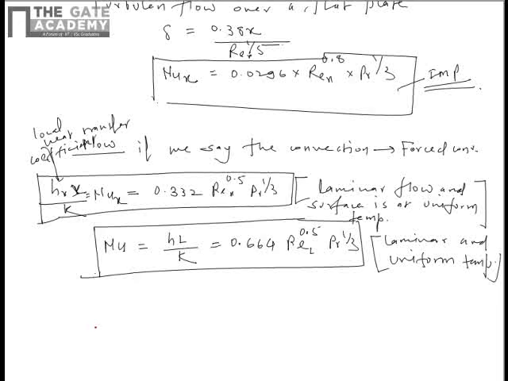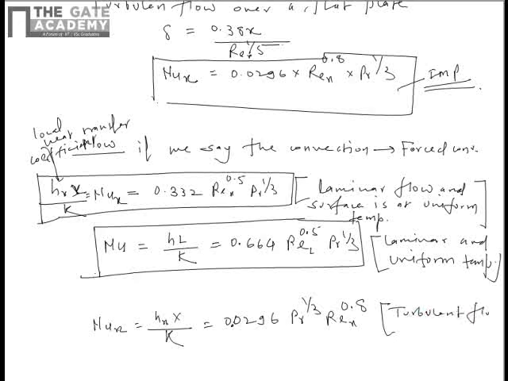Now, if flow is turbulent, then the local Nusselt number Nu x is given as 0.0296 into Prandtl to the power 1 by 3 into Reynolds to the power 0.8, for turbulent flow and uniform temperature.